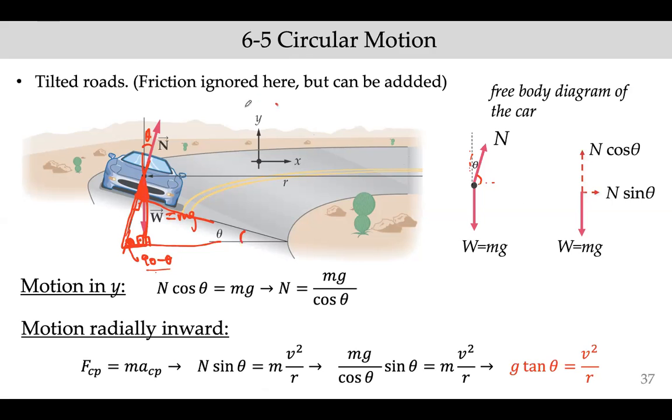Now, also look at the coordinate system that I choose. Remember, in circular motion, the positive direction should point to the center. You don't choose this one, because this point is not the center. This car is going in circles. Think about it as a circular road. The center is maybe somewhere here, or maybe somewhere here.